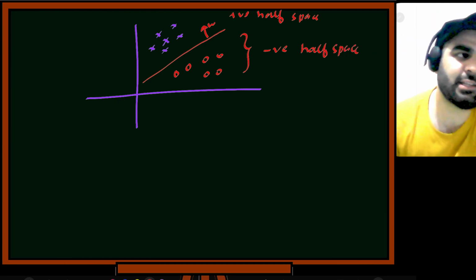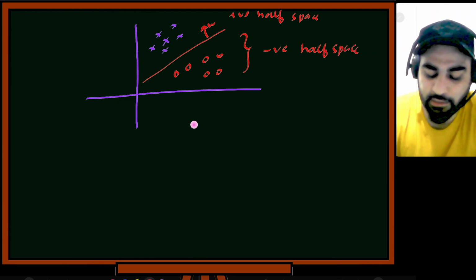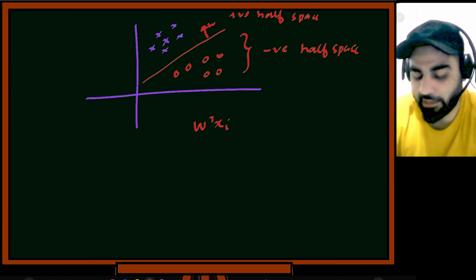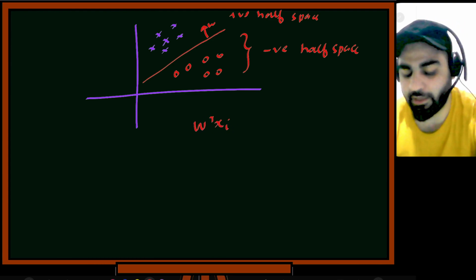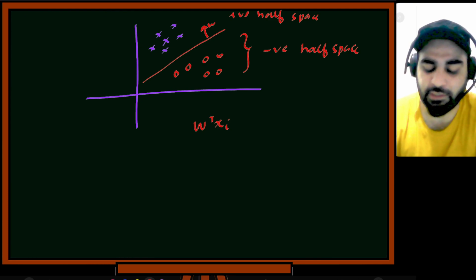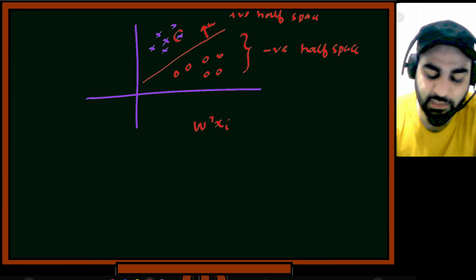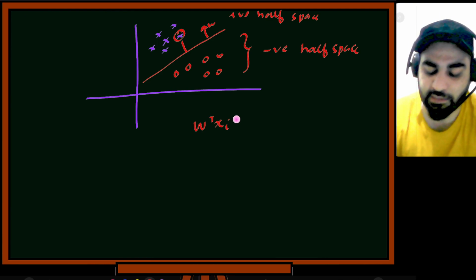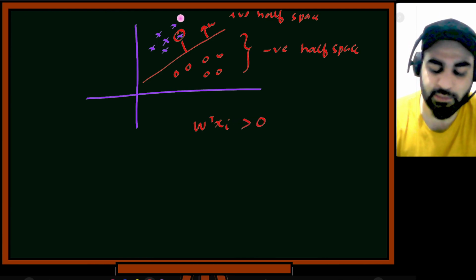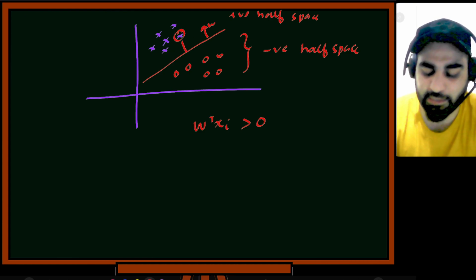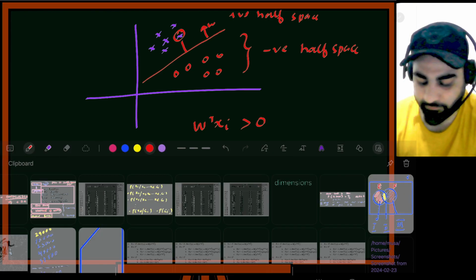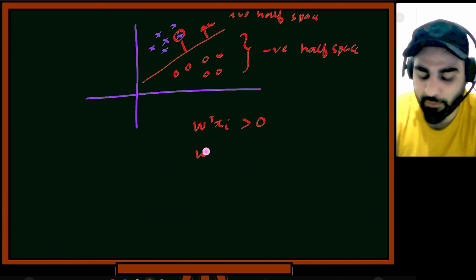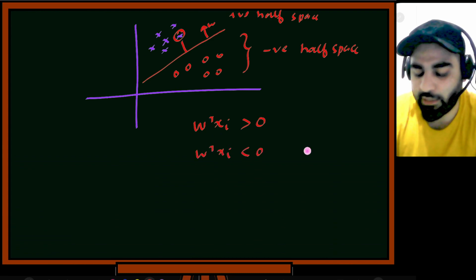In logistic regression, the thing that we discussed was, if we have a data point xi, and we perform the dot product w transpose xi, we are basically computing distance. If this is positive, it is for the positive class, and if w transpose xi is less than 0, it is for the negative class.